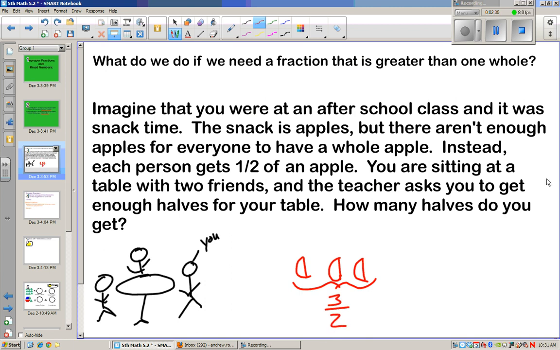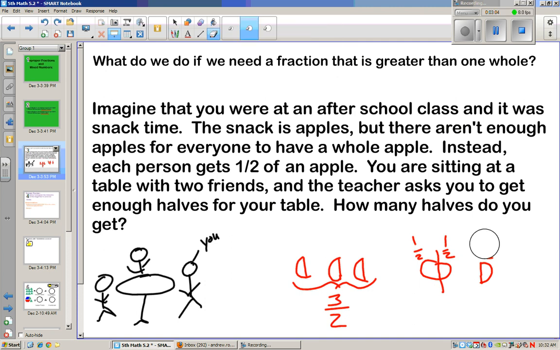Now, another way to think about it is if you took one whole apple and then a half of an apple, that would also work, right? Because we could take this and cut it in half, and this would be one half, and this would be one half, and this would be one half.